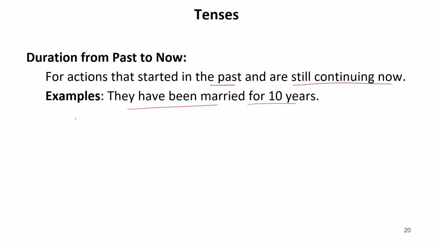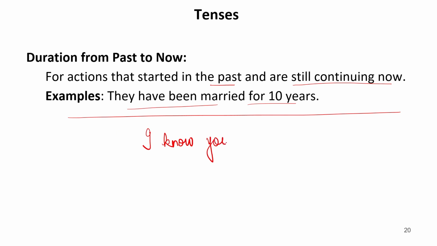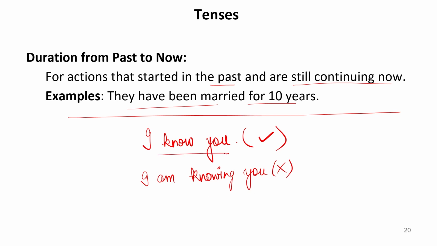For example, if I say I know you, it is correct. I cannot write I am knowing you. This will be incorrect, because this knowledge about someone cannot be in process.